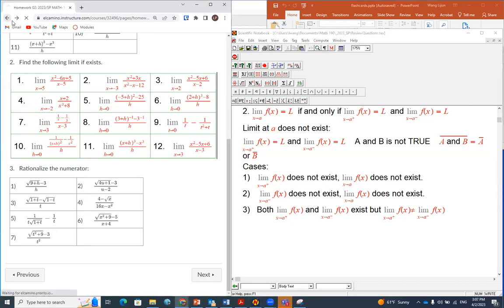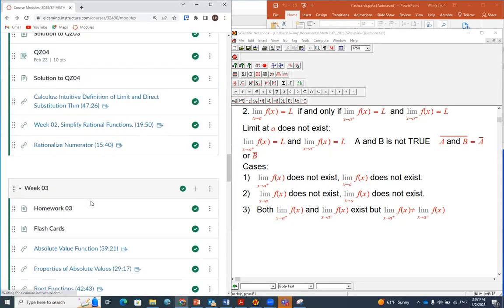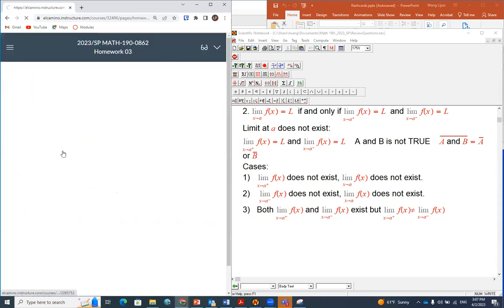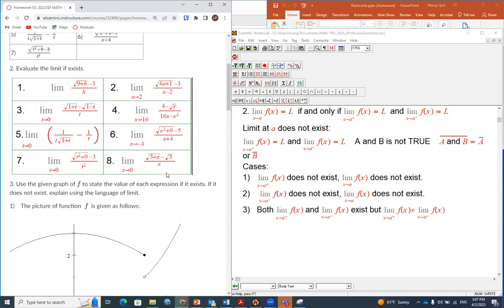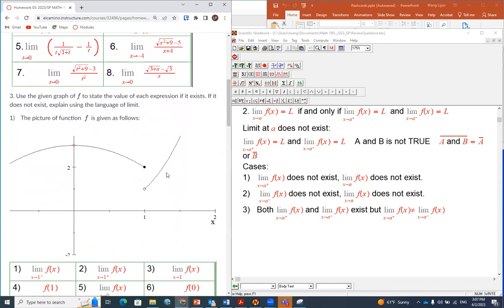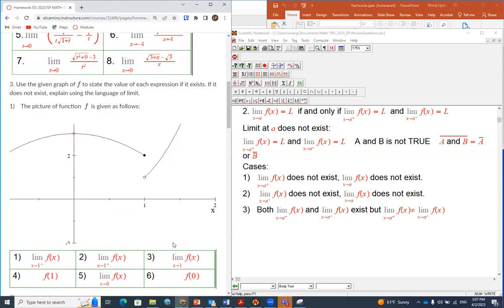All right, so next one, homework number 3, we start to see some interesting situations. We've done this homework, right? You can see at 1, the limit from right and the limit from left. Let's observe the limit from left, when x is approaching 1 from smaller than 1.